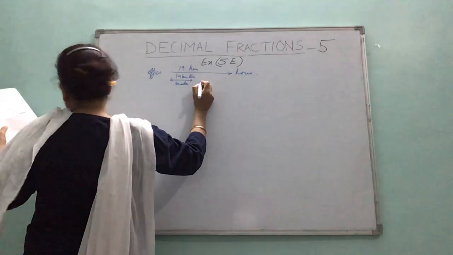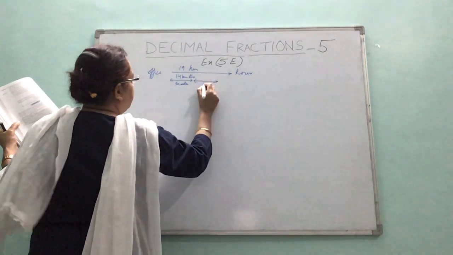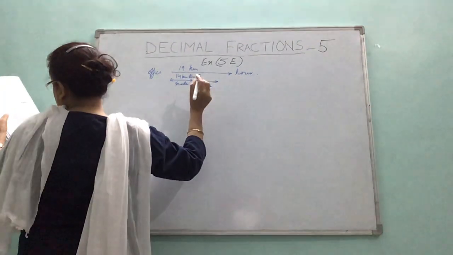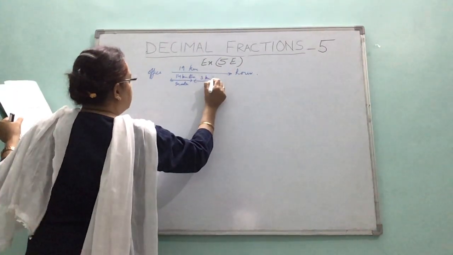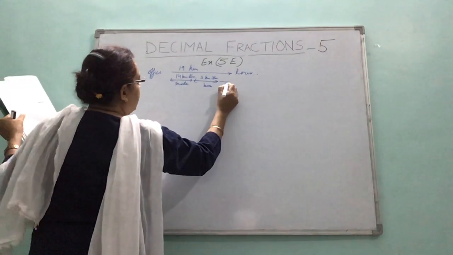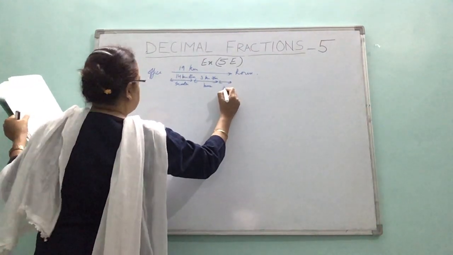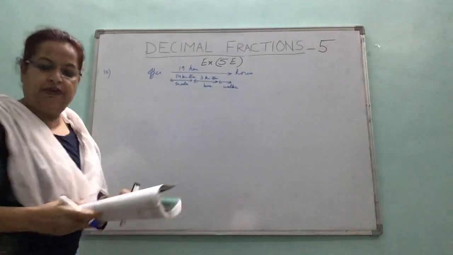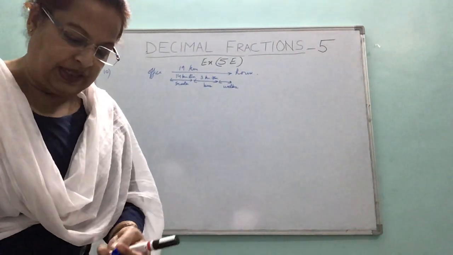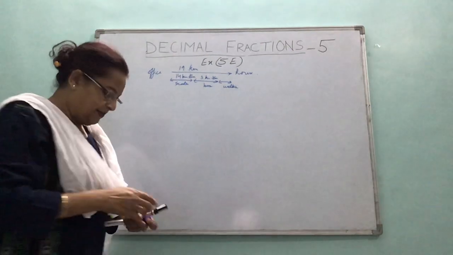And part of it he covers by bus, which is 3 kilometers, 75 meters. And the remaining he walks on foot. We have to find how much distance does he cover on foot.